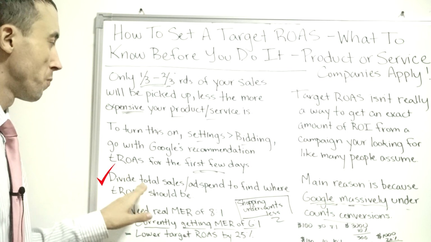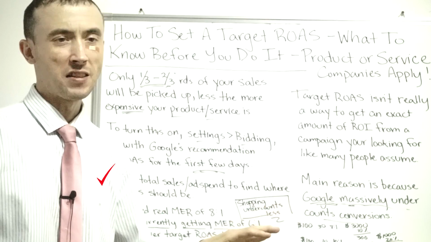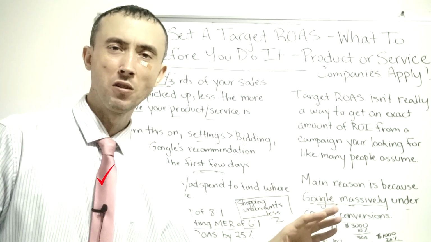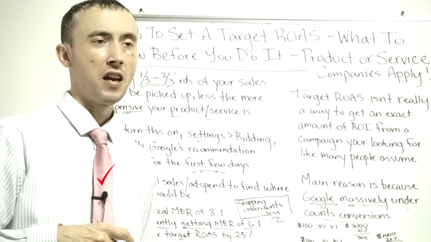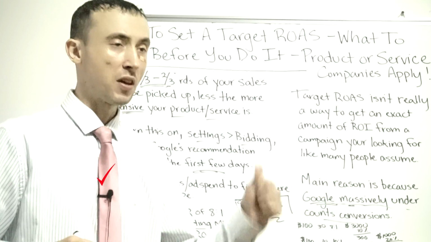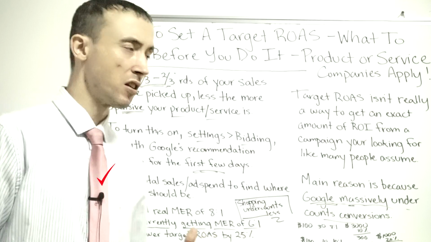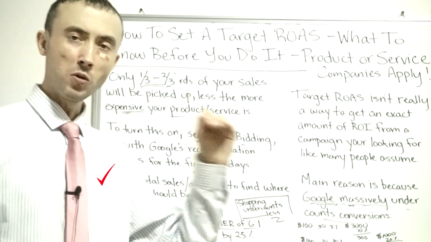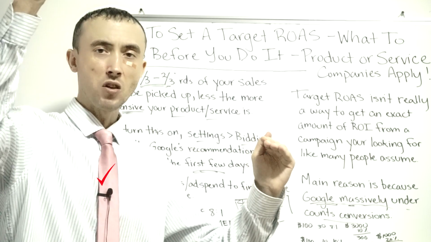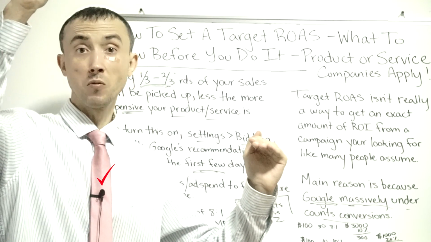And people, by the way, don't like to do this because they say, well, how do I know Google Ads is actually giving me my sales here? And you necessarily don't. But because Google undercounts, you still have no choice. What you're trying to do is just get a read to where if Google says I'm getting this, this is actually where I'm at. Really, it's that simple.